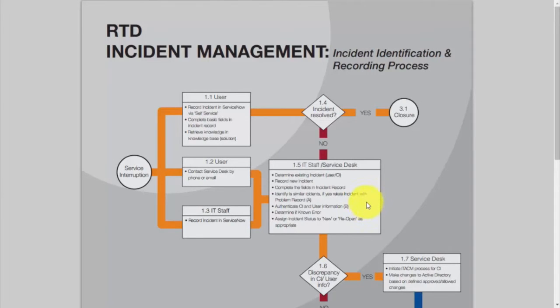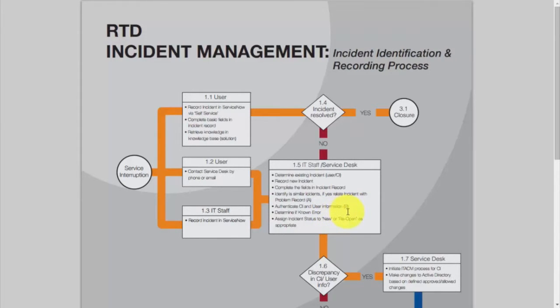The next step would be to authenticate both the configuration item as well as the user information. The configuration item is going to be authenticated in the CMDB, while the user information will be authenticated using Active Directory domain services. We want to determine if this is a known error.